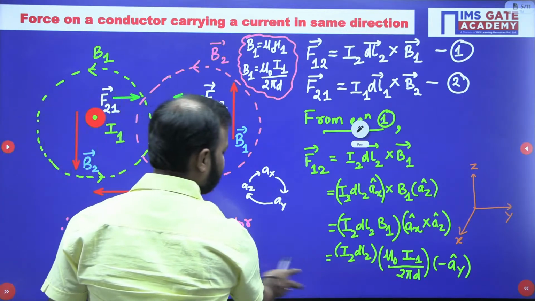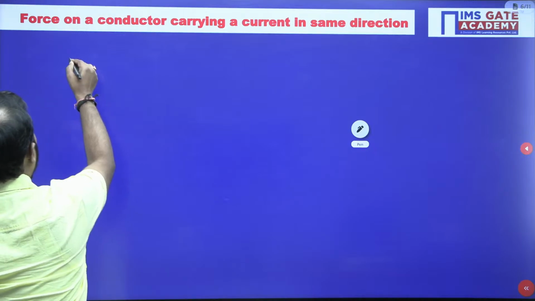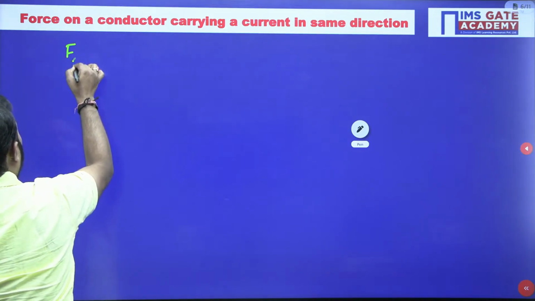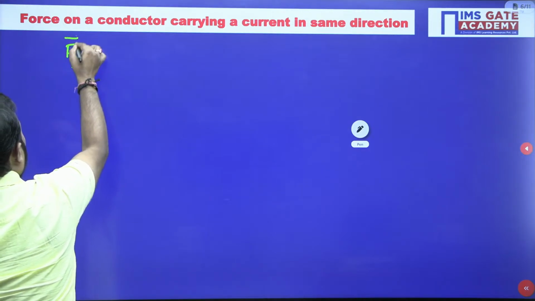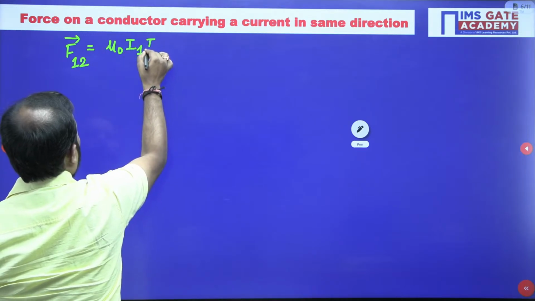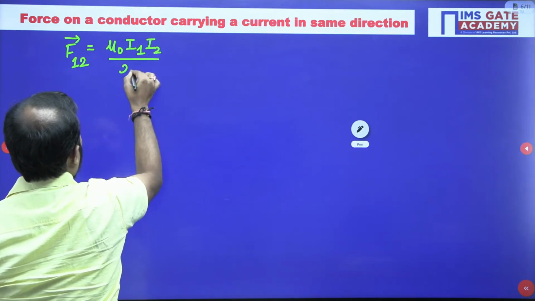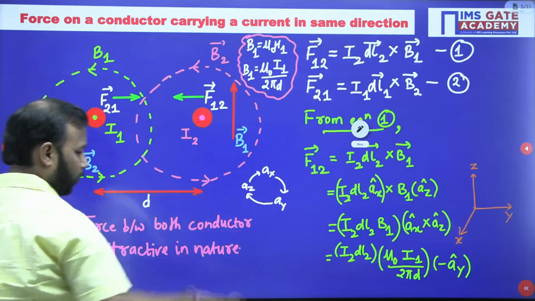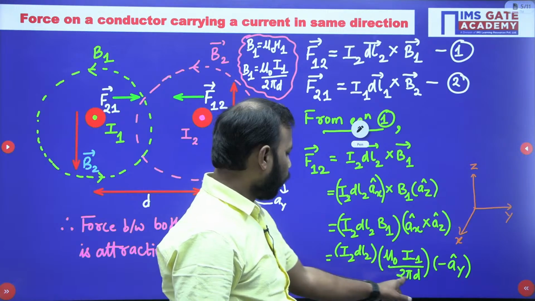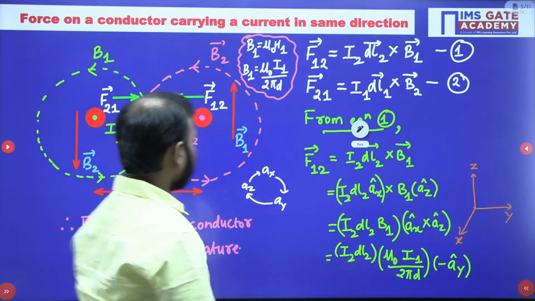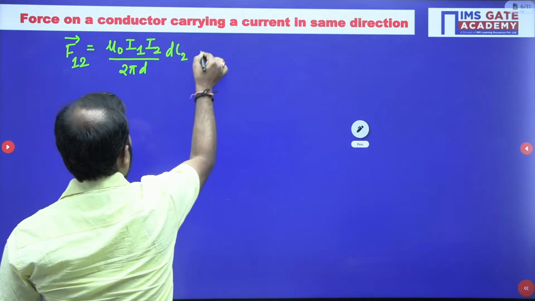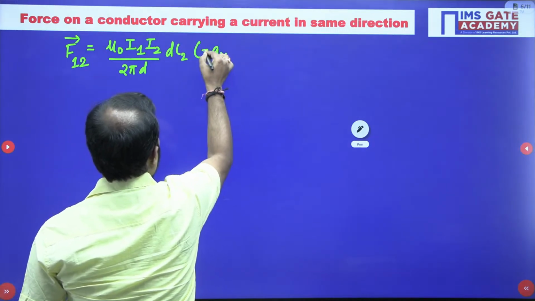ओके, so I can say that F12 is equal to mu naught I1 I2 upon 2 pi d del L2, and direction is minus AY cap.